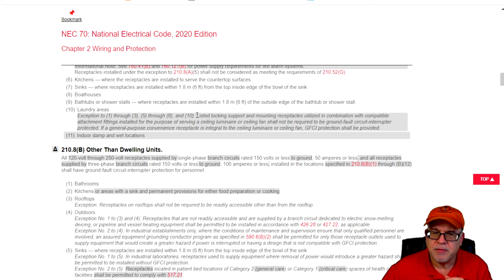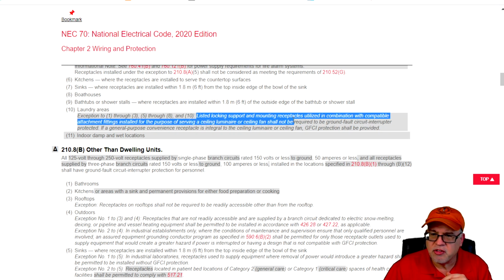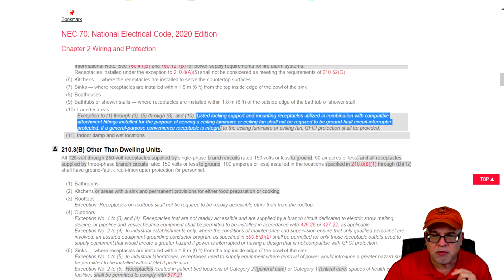It says, listed locking support and mounting receptacles utilized in combination with compatible attachment fittings, which, by the way, we got a definition of in the 2020 NEC, installed for the purpose of serving a ceiling luminaire or ceiling fan, shall not be required to be ground-fault circuit-interrupter protected. If the general purpose convenience receptacle is integral to the ceiling luminaire or ceiling fan, GFCI protection shall be provided.